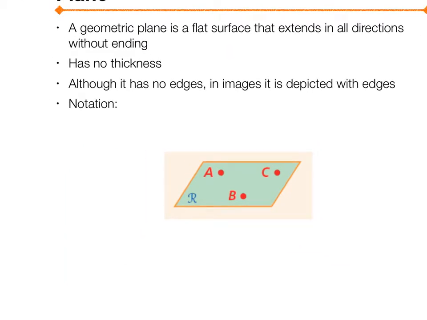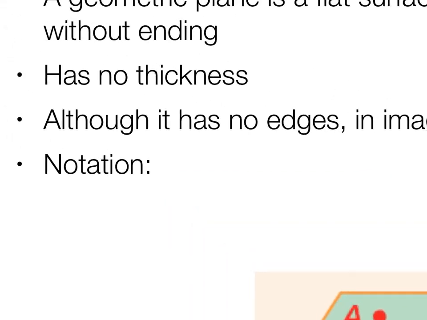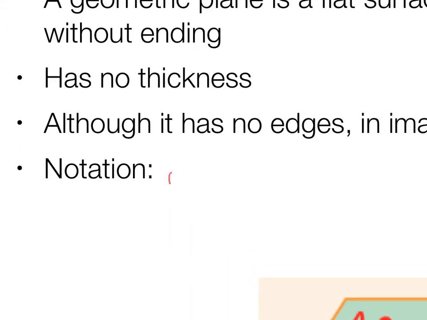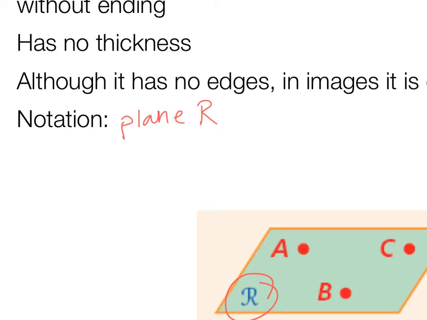So the notation for the plane would be a capital cursive letter. So this one, we have the R in the corner. So this could be plane R, like it is here. Or it could also be named by 3 points in the plane that are not on the same line.